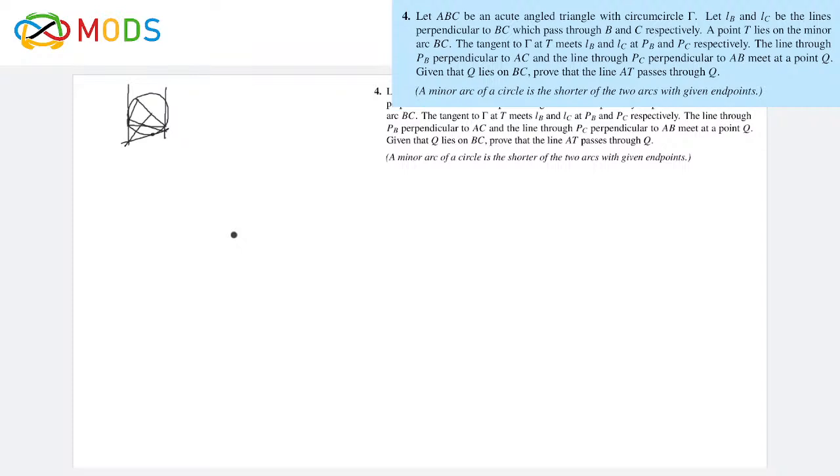Okay, let's draw a big diagram. I've already messed up. Oh, it's a circle. Why is it not a circle? Pressing Control and Shift, and it's not working. That's good enough.